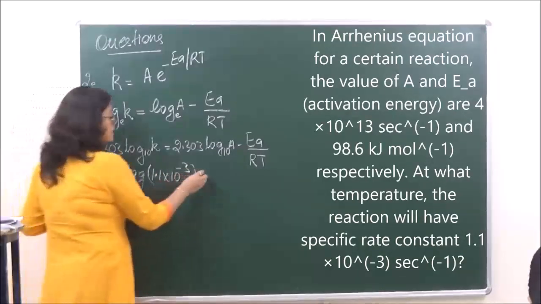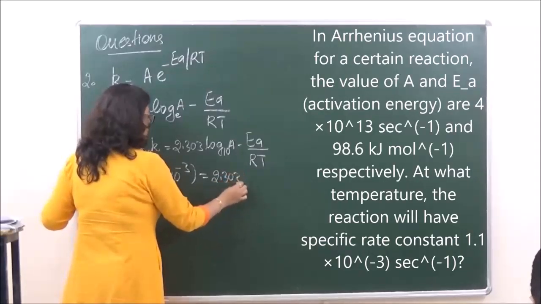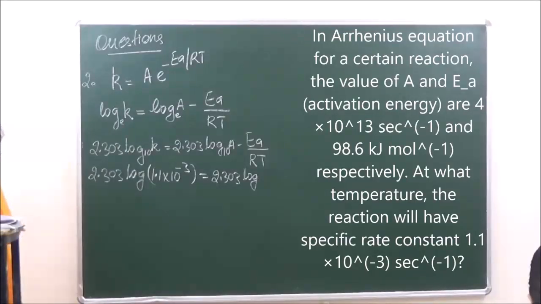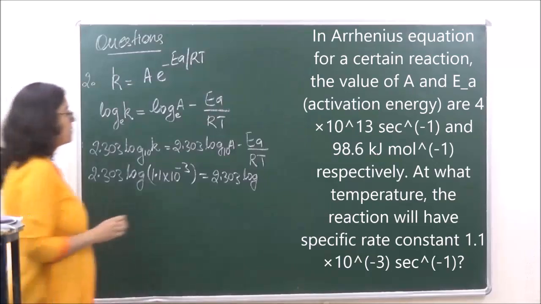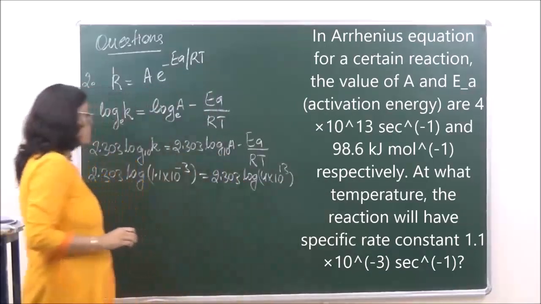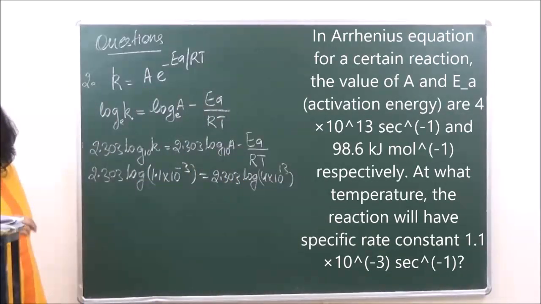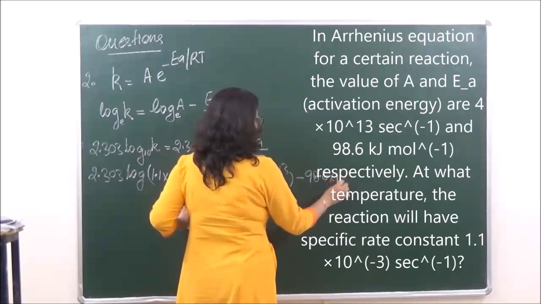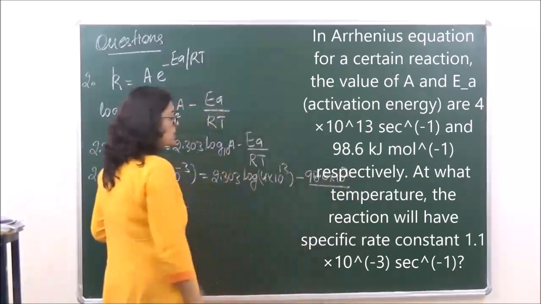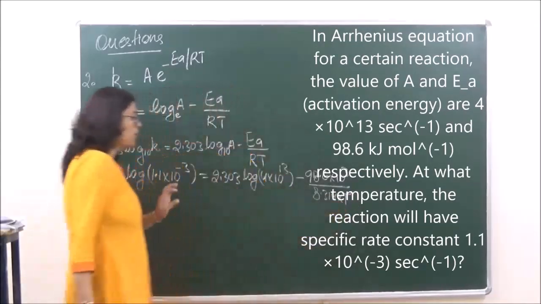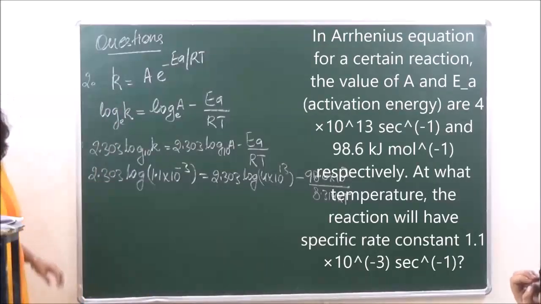Okay, this is equal to 2.303 into log of A. The value of A given to us is 4 into 10 raised to power 13, minus 98.6 into 10 raised to power 3, we are converting kilojoules into joules, upon 8.314 into T. So over here we need to calculate T. So let's first calculate the value of each of these.